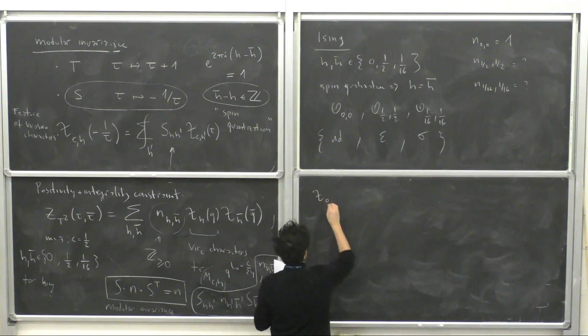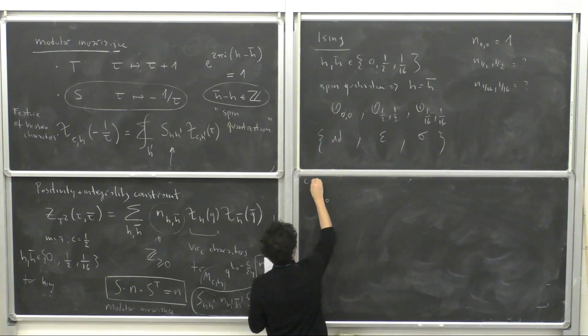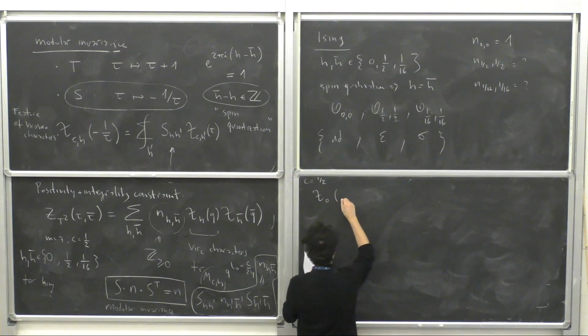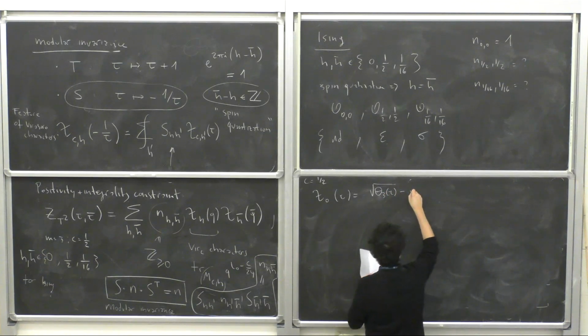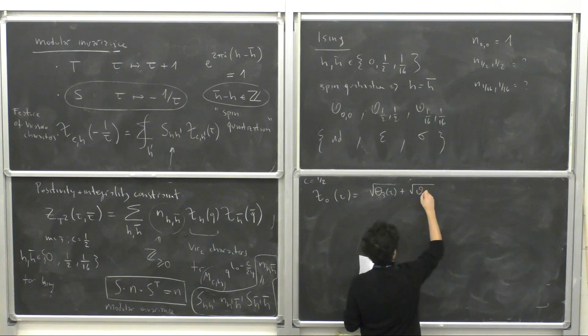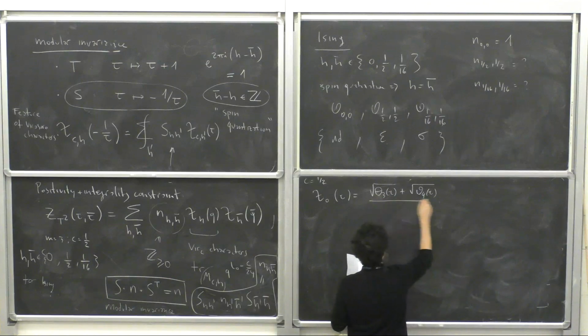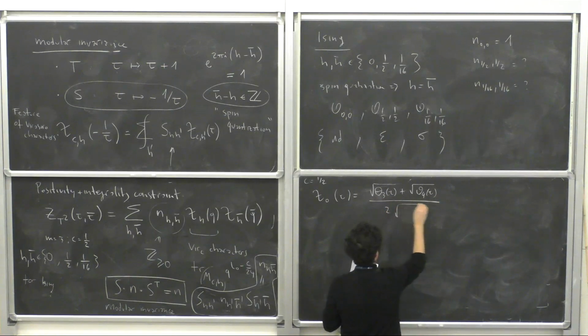So for h, c here is a half, and I will just label them by 0. This is the square root of theta 3 of tau plus the square root of theta 4 of tau, divided by 2 square root of eta of tau.